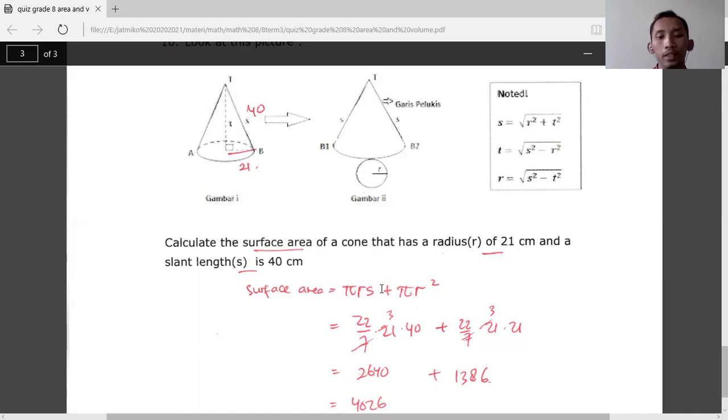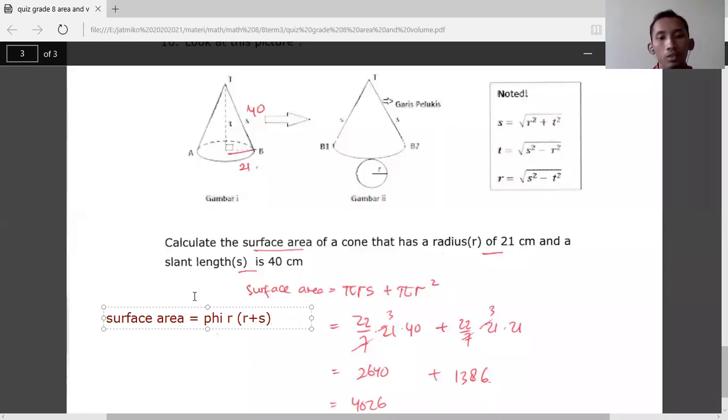If you want to combine this, the formula can be written like this. Surface area is pi r times (r plus s).